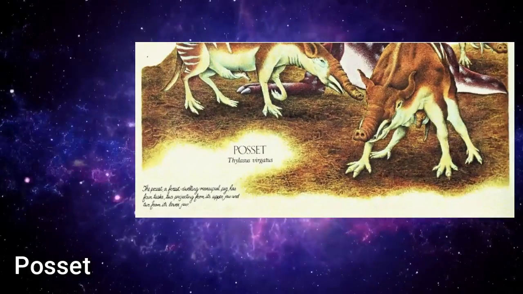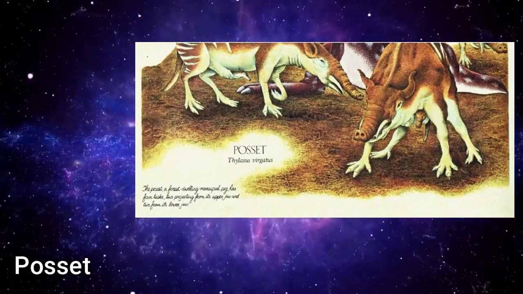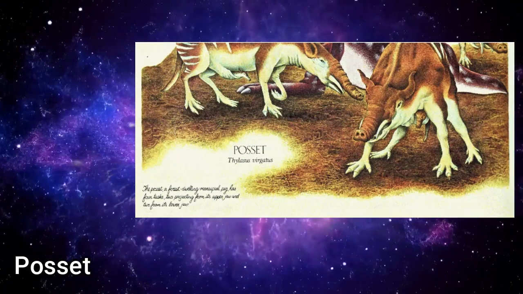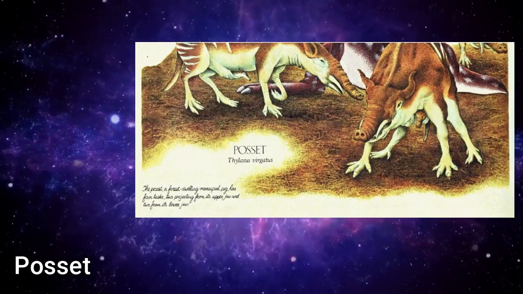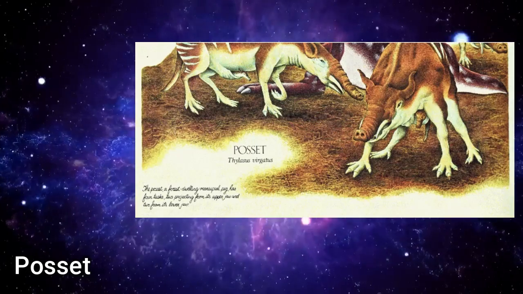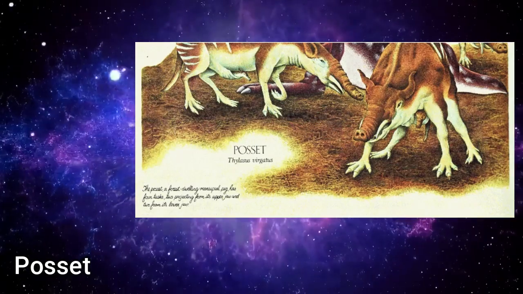The posset, a large omnivorous tapir pig-like creature from the undergrowth of the Australian rainforest. The floor of the great rainforest of the Australian subcontinent is home for a number of marsupial mammals. One of the most generalized and successful of these is the omnivorous posset, the marsupial equivalent of both the tapir and the pig.